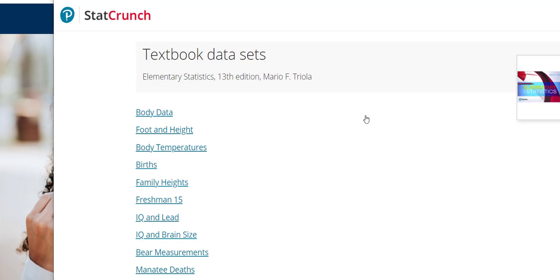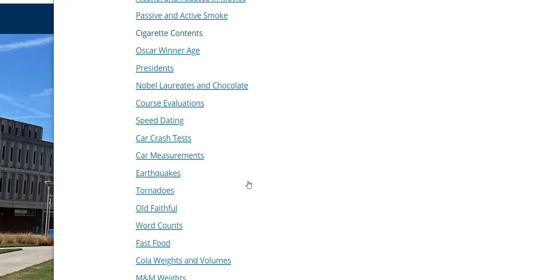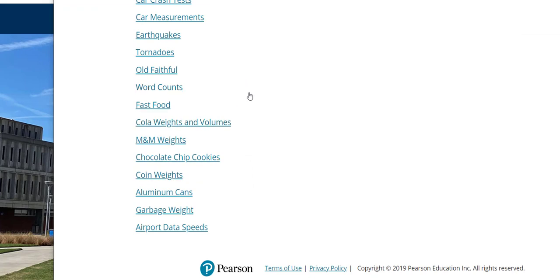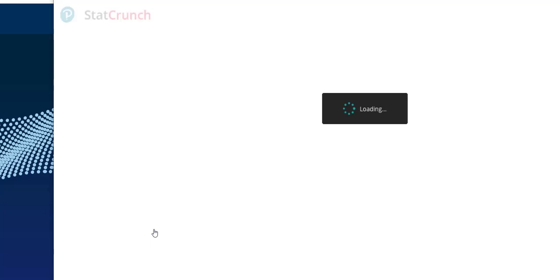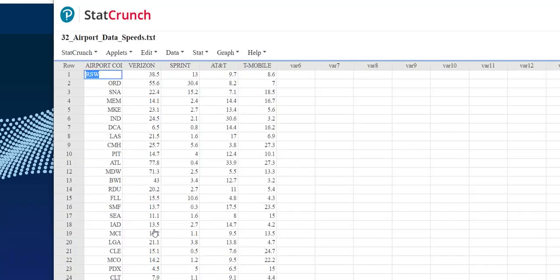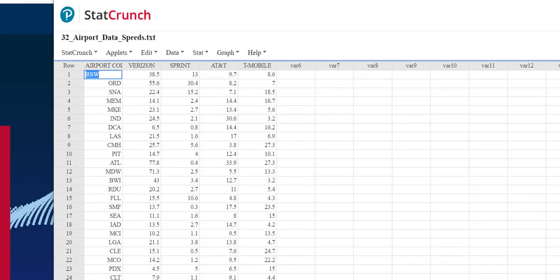So click on textbook data, and here's our data for our textbook. The one that I want you to use, scroll all the way to the bottom and click on airport data speeds. And here it is.